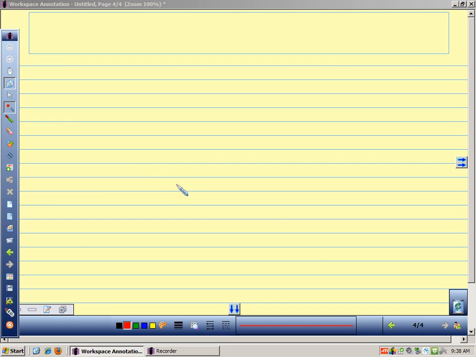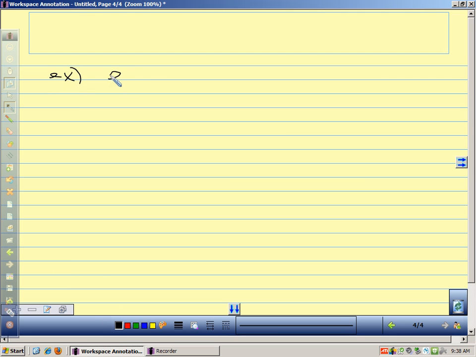Okay. First example, we want to expand. That's our problem will be expand, simplify, something like that. So we're going to expand the log of 2x to the third, y to the fourth.